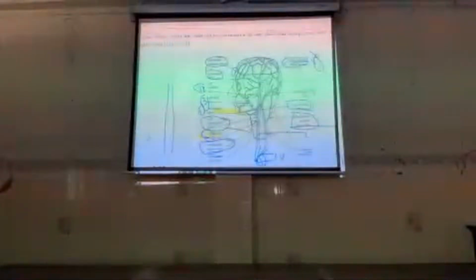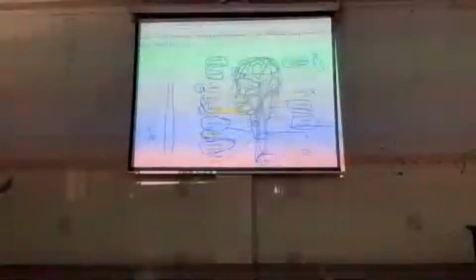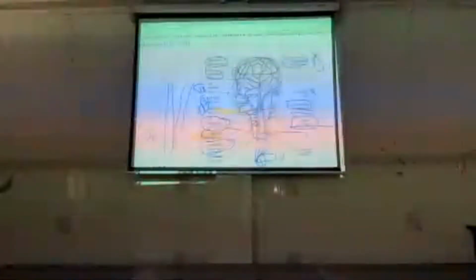This jugular vein is divided into two types: the first is external, the second is internal.